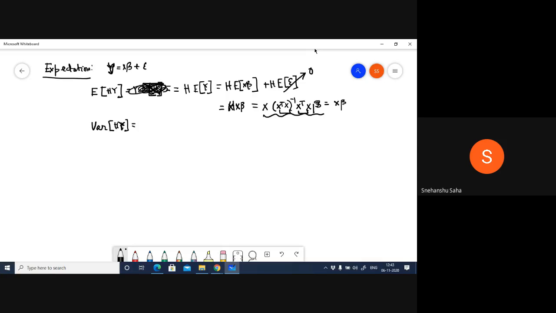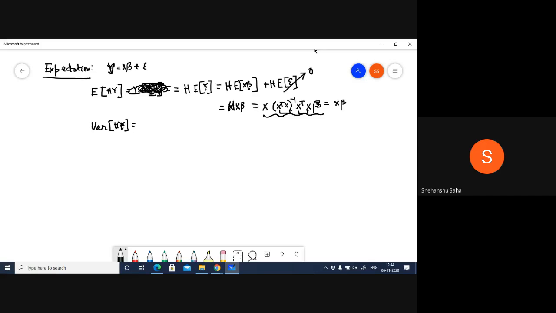These are fitted values, so e of m will return m, because this is not an unknown. The expectation of a constant will return the constant. So expected of m is m, and m is replaced by x beta.